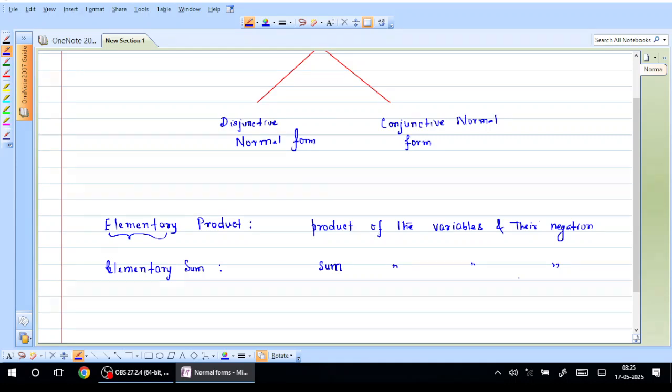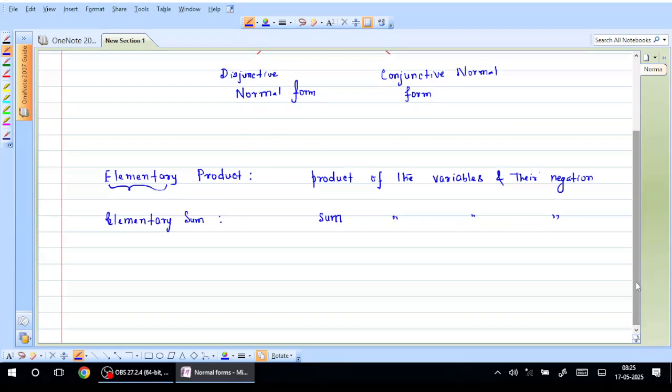So let us try to understand. Let us take the two variables P and Q. These are atomic variables.